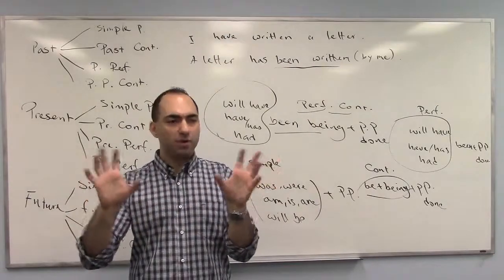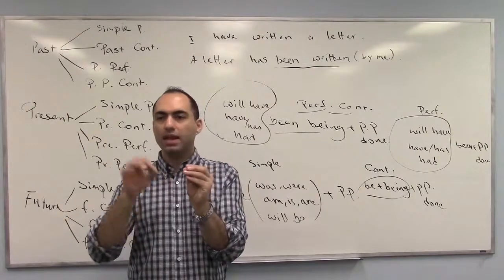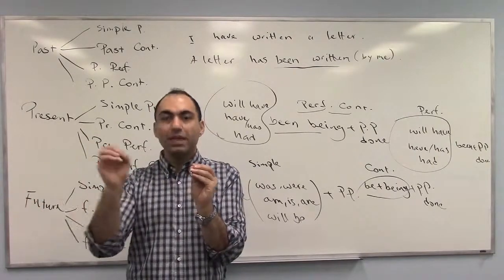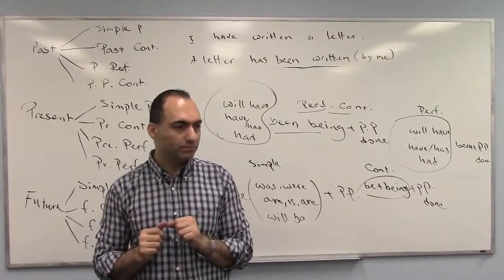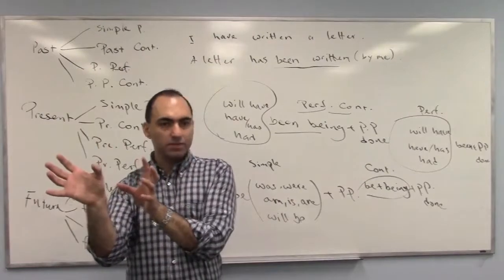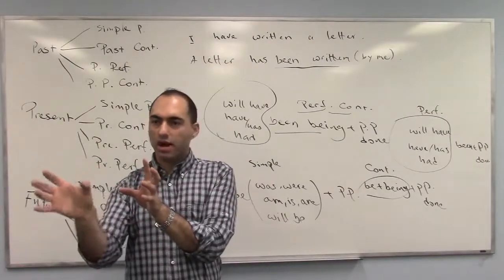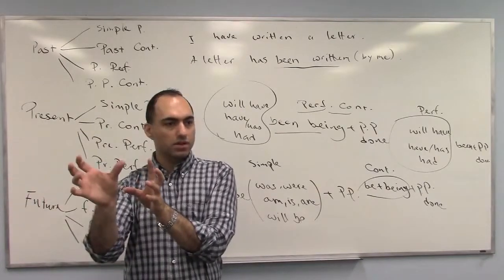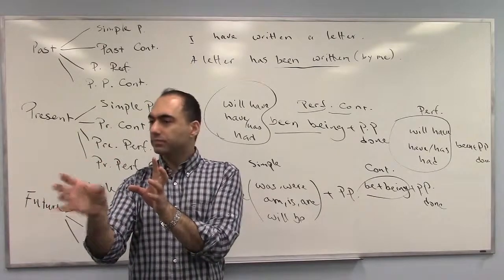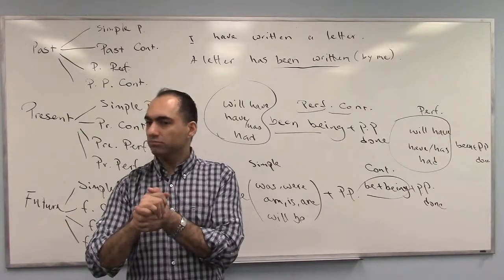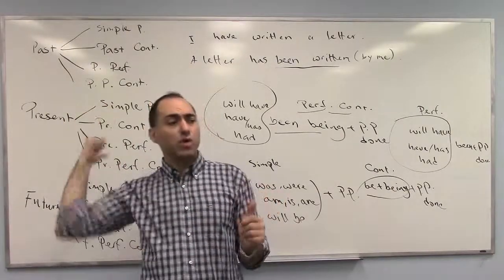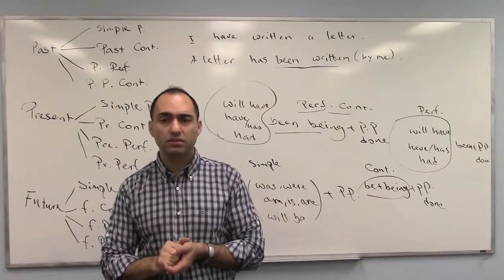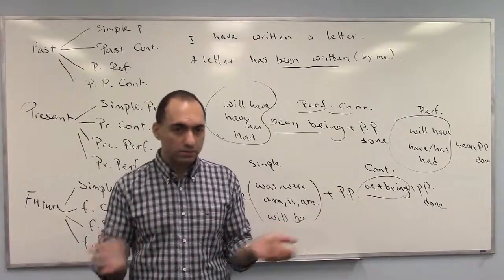Anything that is perfect has a been. Anything that is continuous has a being. Anything that is perfect continuous has a been being. And definitely past participle: used, gone, not gone, because gone is done. Finished, completed, anything. Now, I wrote a letter last night. A letter was written last night.